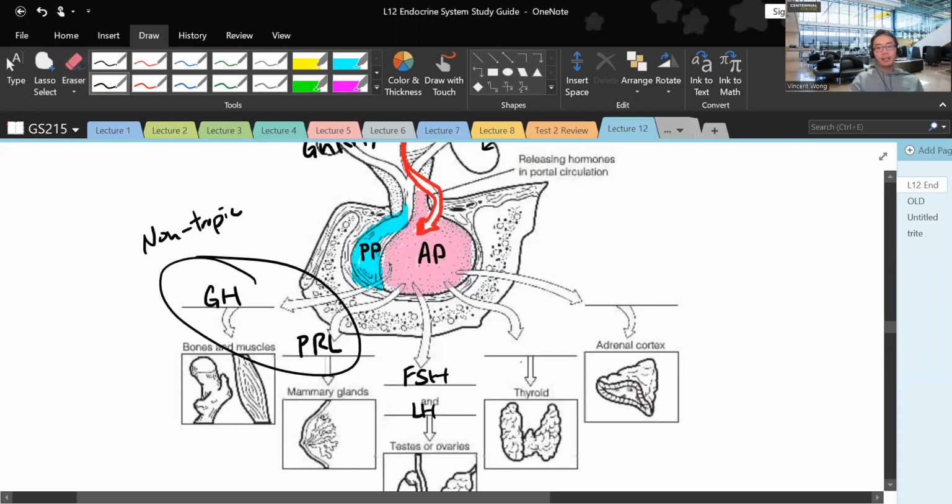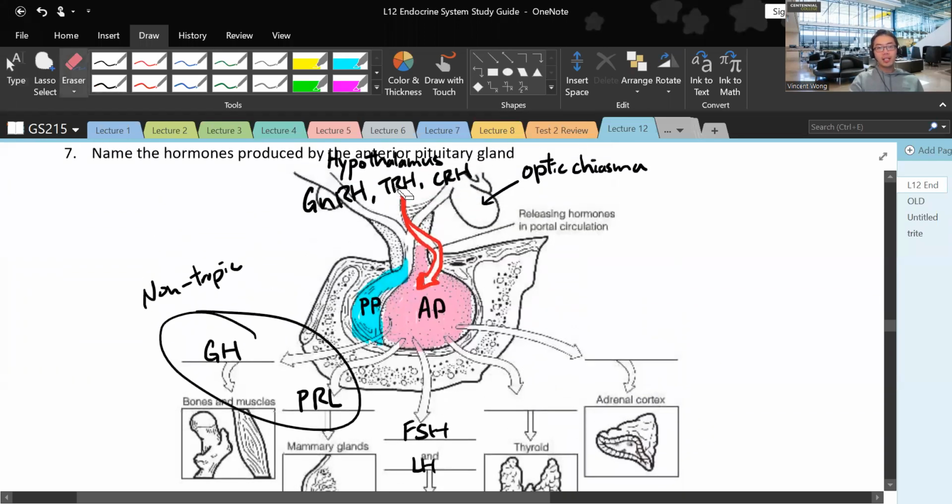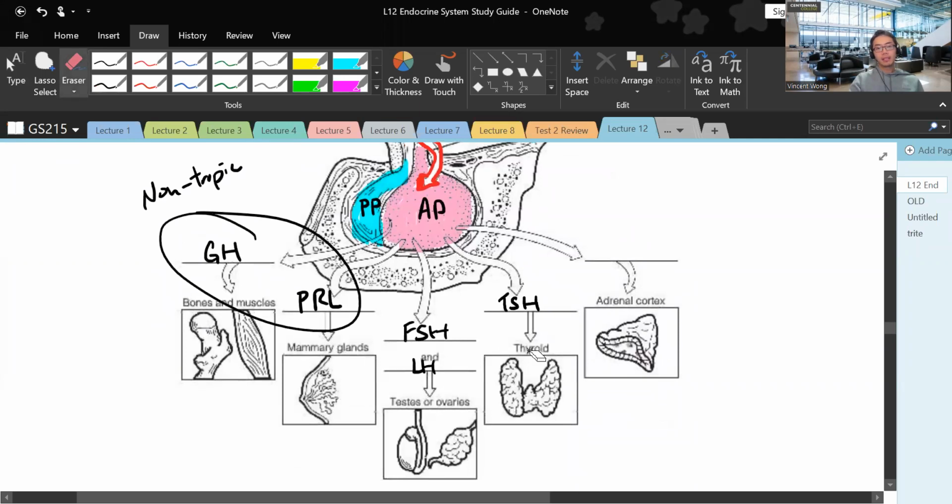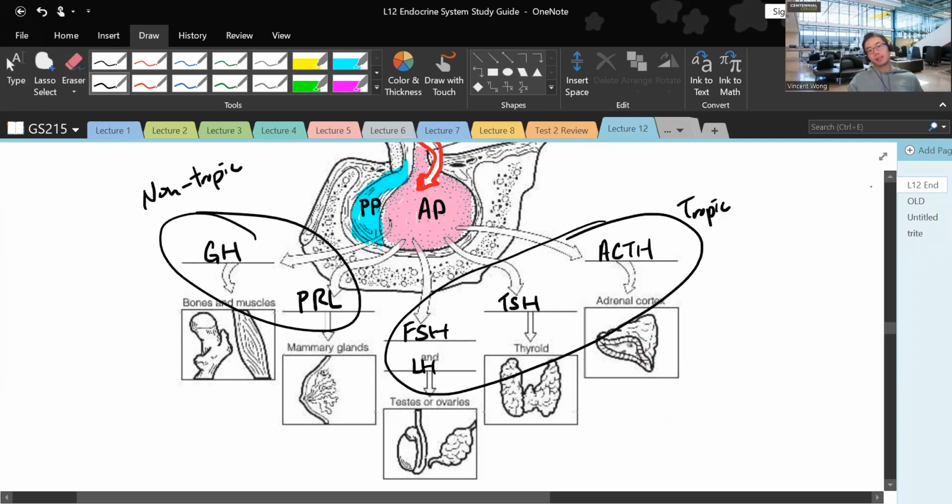For the thyroid gland, the thyroid releasing hormone will release the thyroid stimulating hormone, right? Which would then act on the thyroid. And finally, we have the ACTH. So these four, these are the tropic ones.